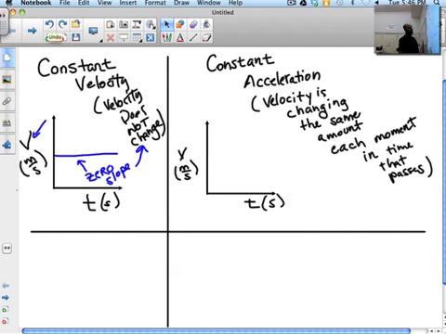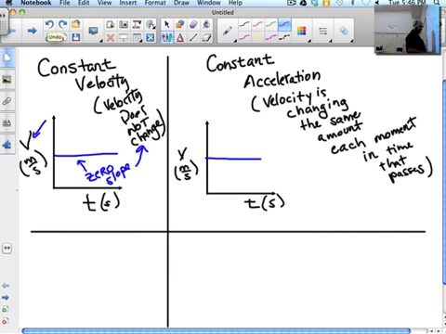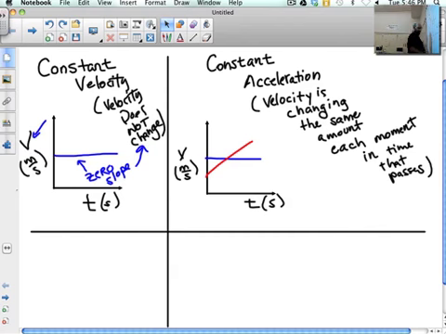Now let's try this one. You could have a line looking like this, maybe a line looking like this, or maybe a line looking like this. I wonder what the difference would be.